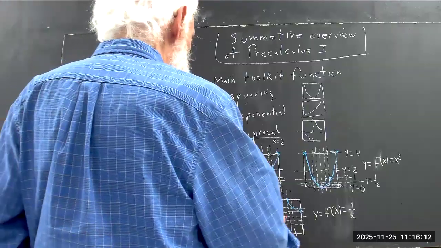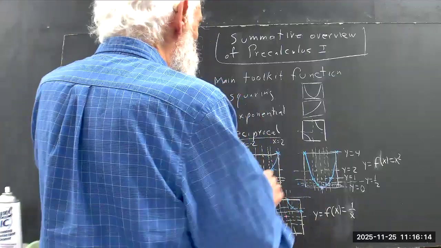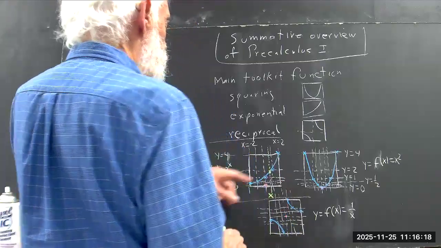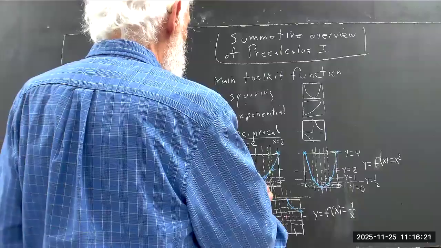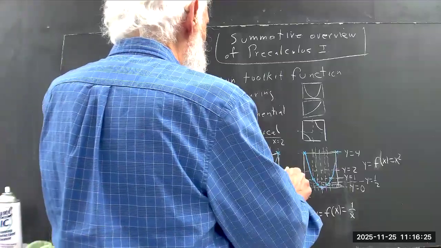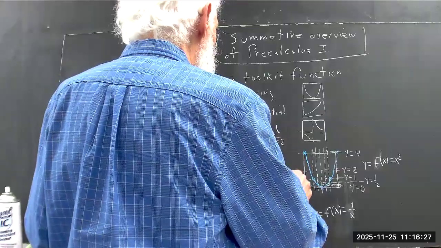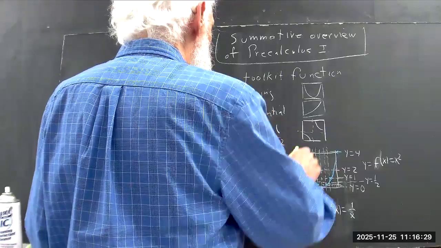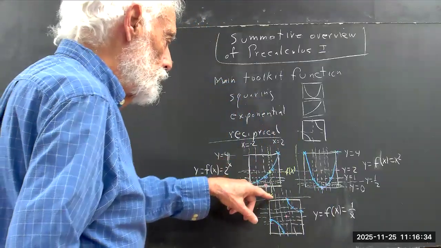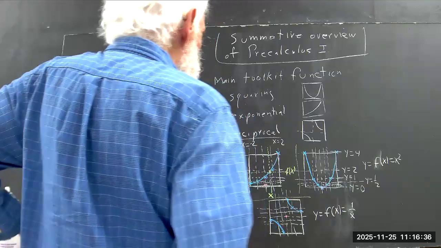Getting a little crowded here and should have given myself a little more space. There's an x value, and it intersects the graph, the curve here. Then this value will be f of x. The y value at this point will be the value of f of x.